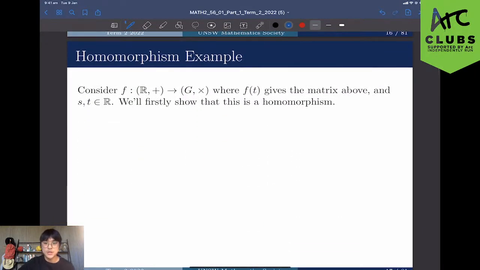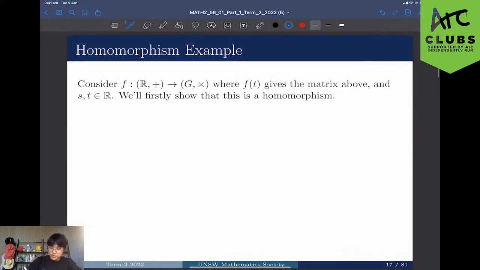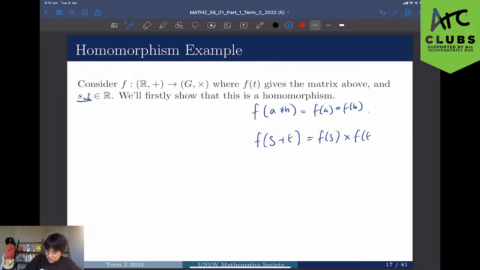And first we need to show that it's a homomorphism. From the definition of a homomorphism, if we recall, here the operations are plus and times, so we need to show that, using s and t here, f of s plus t equals f of s times f of t.